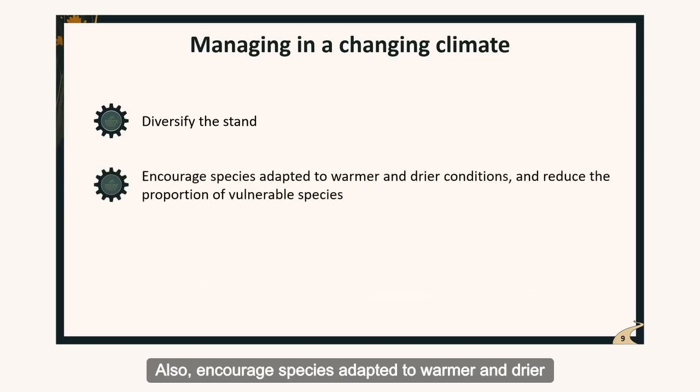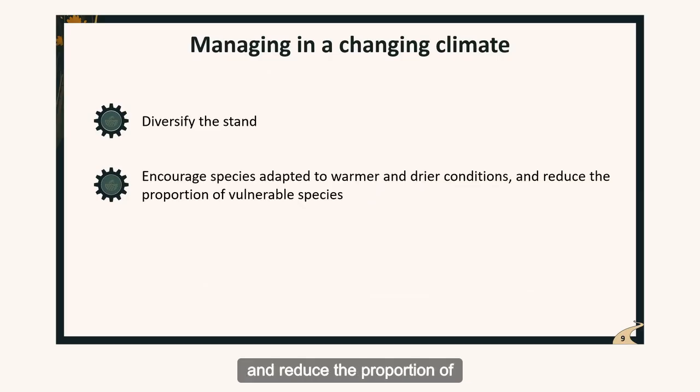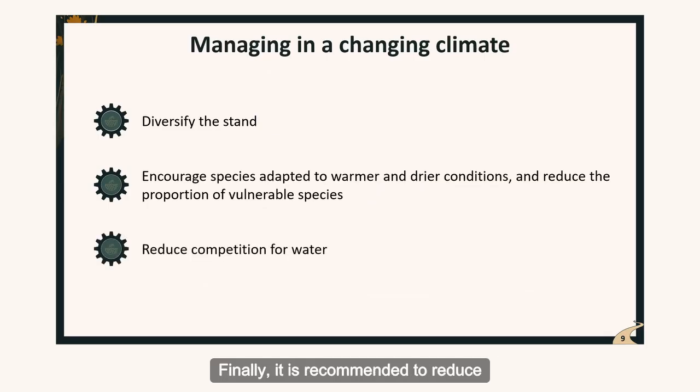Also, encourage species adapted to warmer and drier conditions, such as red oak or white pine, and reduce the proportion of vulnerable species, such as balsam fir. Finally, it is recommended to reduce competition for water through thinning. Studies have shown that thinning significantly reduces the impact of drought. However, keep in mind that the positive effects of thinning decreases over time.